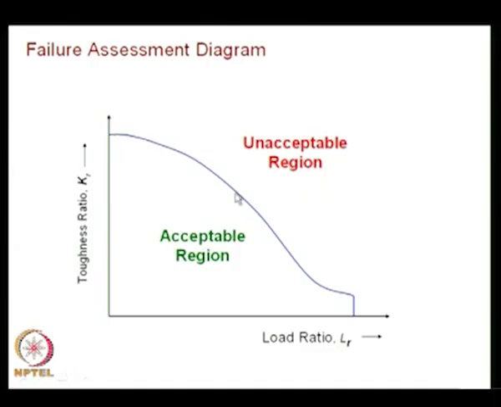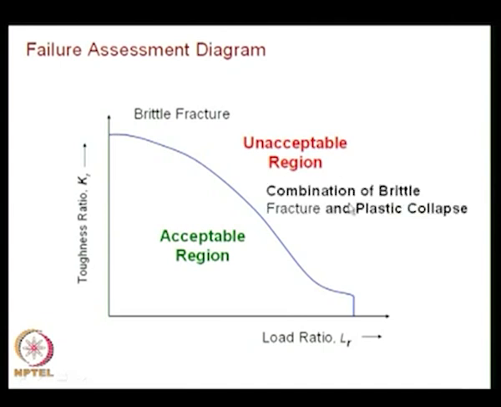And on this graph, you could also identify failure basically controlled by brittle fracture in this zone. When Kr is quite high, brittle fracture predominates. When LR is quite high, you will have plastic collapse, and in between it would be controlled by both brittle fracture and plastic collapse.